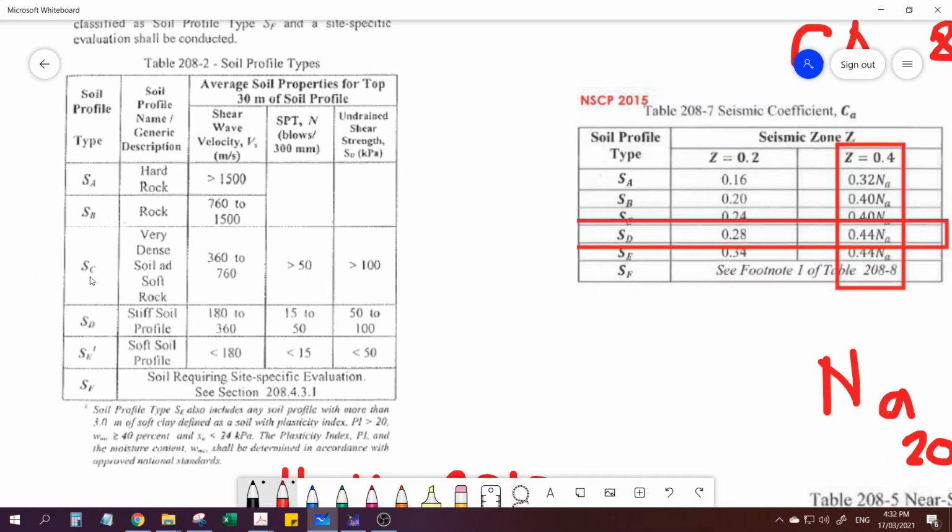SC, this soil type has greater than 50 blows. So portions of Novaliches and even Makati CBD, those portions there are SC. So almost rock. So hard soil.